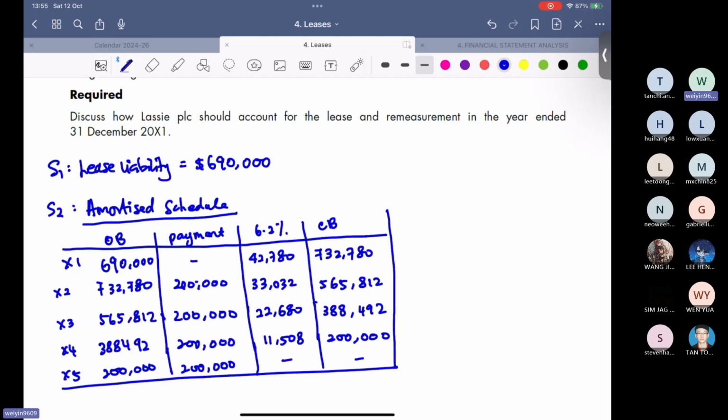No more, because the last year you already made the payment at the beginning of the year. That's why your last amount shall be 200,000. So this amount is a rounded figure.